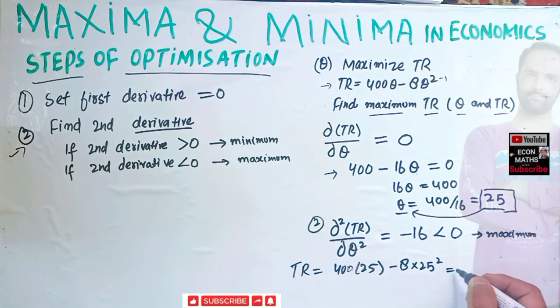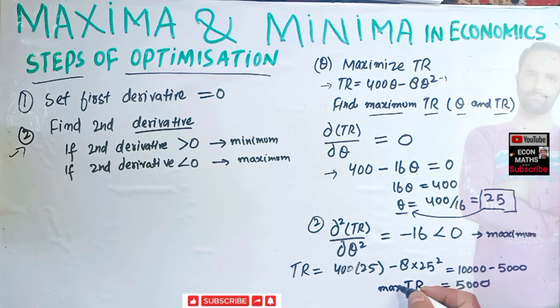This comes out to be 10,000, minus 25 into 25 is 625, so we will get here 625 into 8, which comes out to be 5,000. I'm not sure about the calculation here, so we have 5,000 as maximum total revenue.